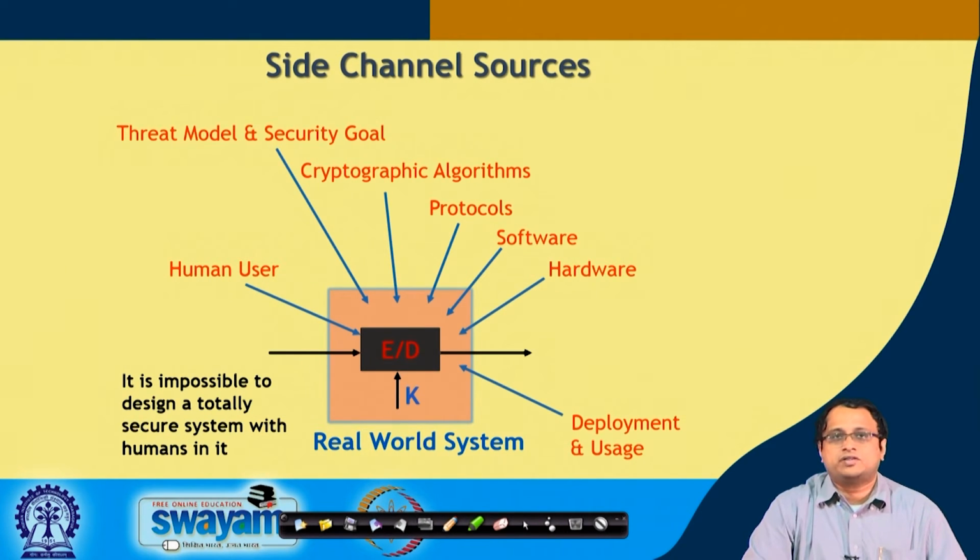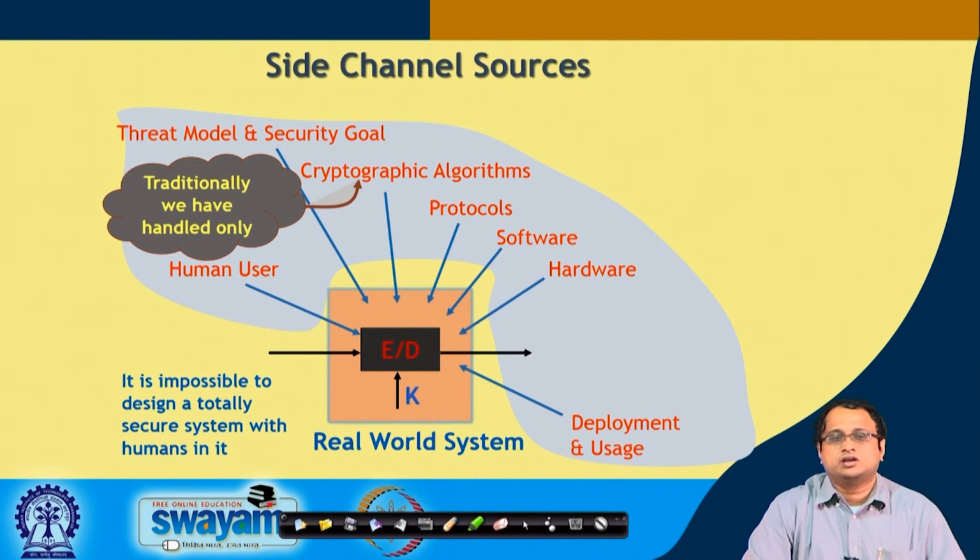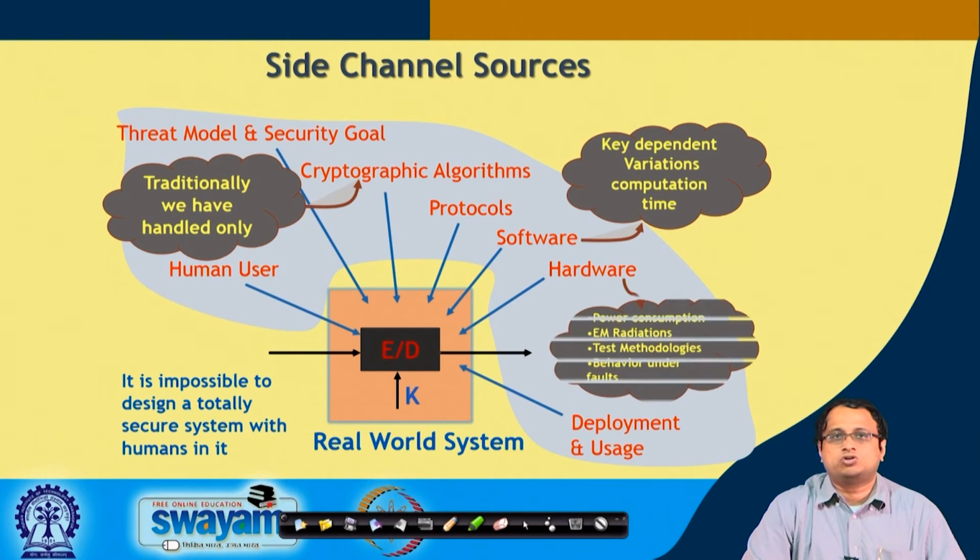But rather, we will not look into those aspects, as we have traditionally been handling only cryptographic algorithms. In this course, we shall look more into hardware and software leakages. For example, in software you can have key dependent variations in computation times and so on, which we will see how we can exploit and also suitably safeguard against.